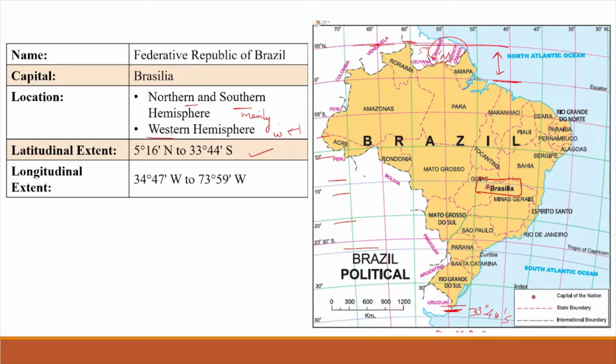Now if you see longitudinal, we have to consider the vertical line. How many of these vertical lines are covered by Brazil? Okay, to understand longitudinal extent and how you read it, from the prime meridian, if you start going westward, the first longitude over here will be 1 degree, moving further this way, also 2 degrees, 3 degrees, 4 degrees, and so on.